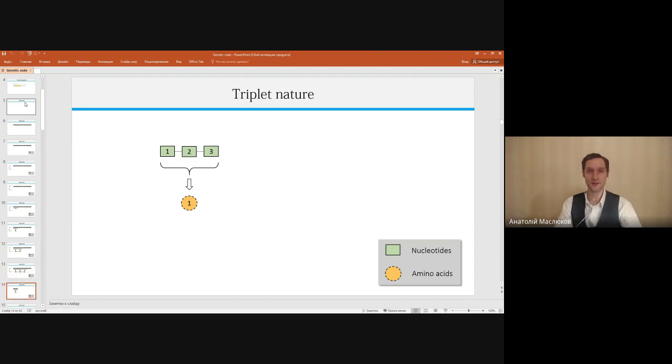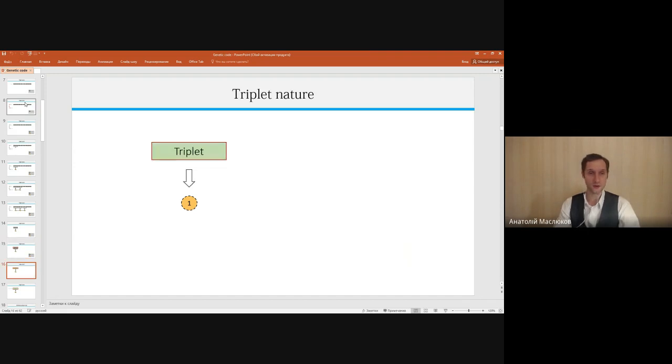So triplet nature tells us that three nucleotides give us information about one amino acid. The group of three nucleotides going one by one is also called a triplet. Another name that you may meet in the literature when we're talking about DNA and mRNA is codon. But for me, it's more common to call this a triplet.